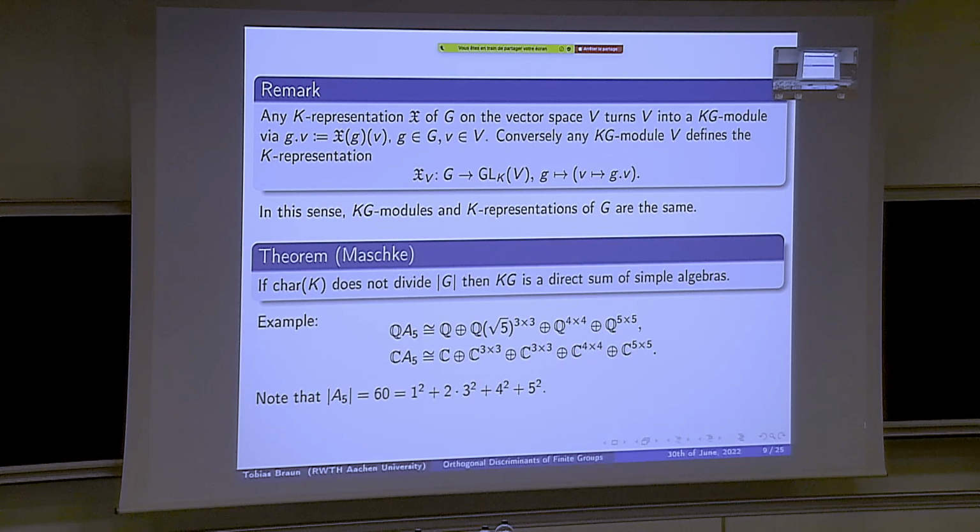And similarly, you get the decomposition over the complex numbers, with the only difference being that this simple algebra splits further into two direct summands. And you can also note that the group order decomposes similarly to how the group algebra decomposes.